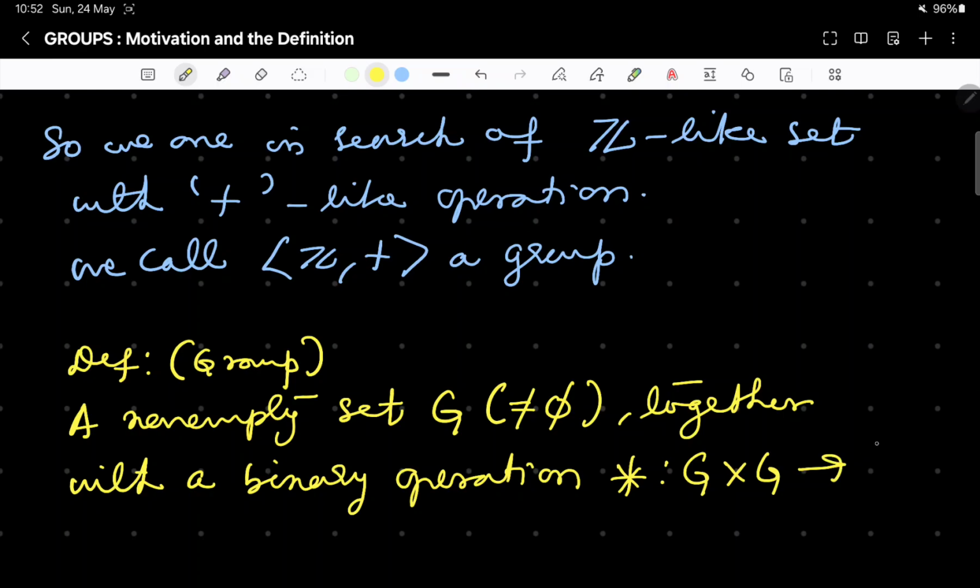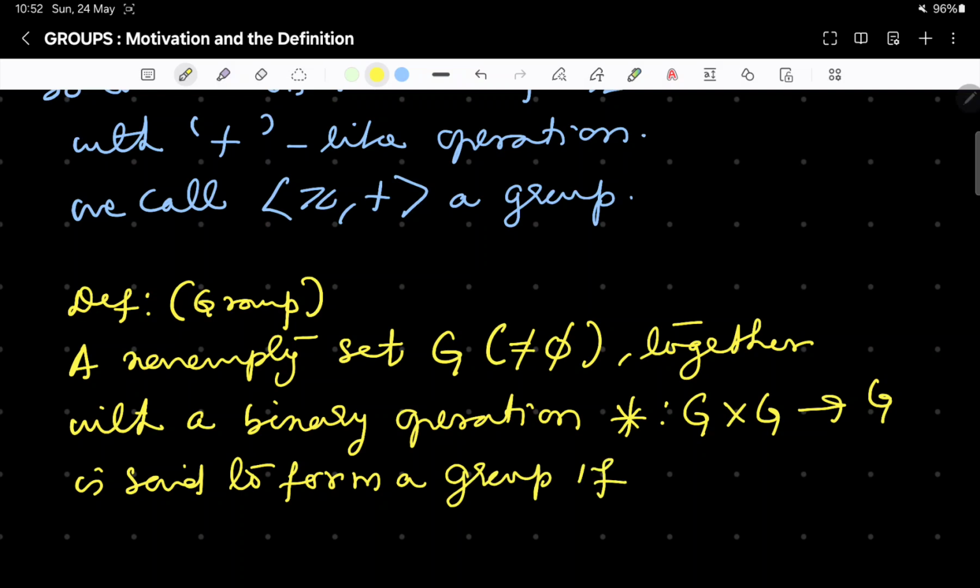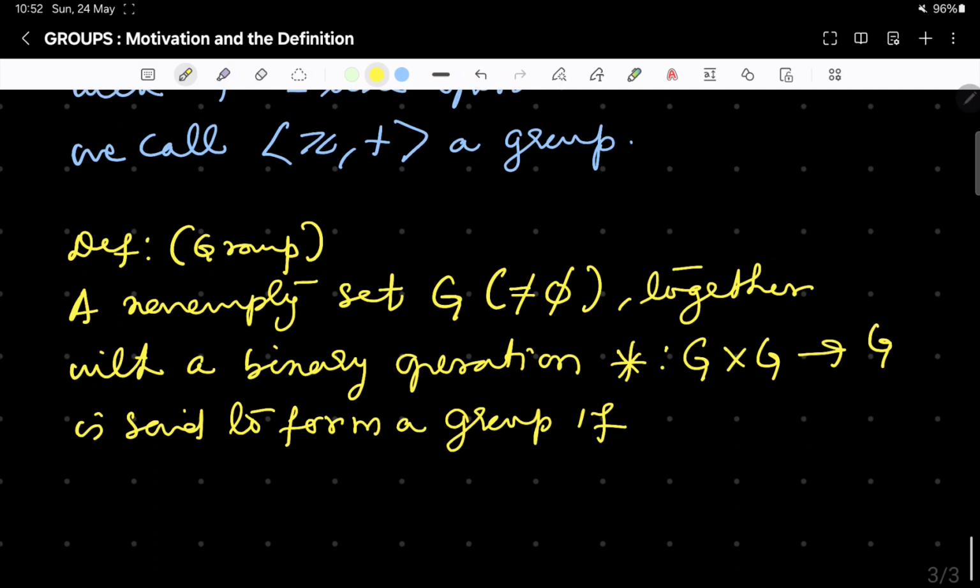In our example it was addition. G cross G to G is said to form a group if the following holds, right?